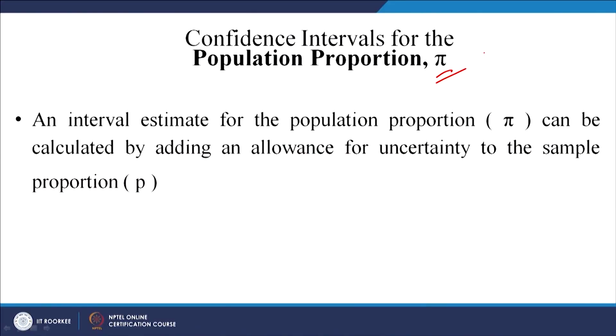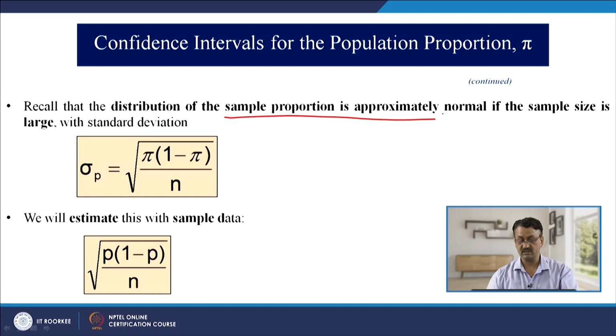Generally we represent population proportion by pi, and an interval estimate for this pi can be calculated by adding an allowance for uncertainty to the sample proportion. So, this p is the sample proportion and pi is the population proportion. We know that the distribution of sample proportion is approximately normal when the sample size is sufficiently large.